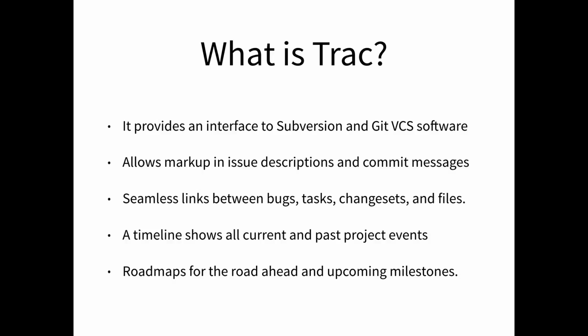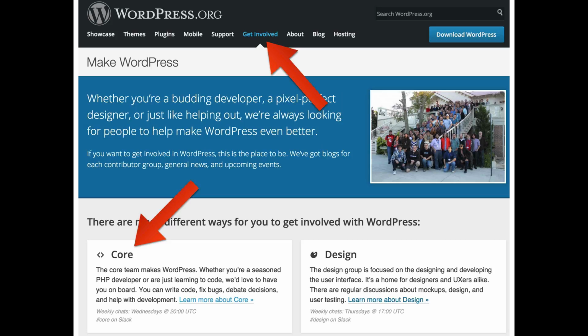So, to get to the place where you file bug reports, create tickets, create issues that you find in WordPress, on all of the WordPress pages, plugins or whatever, up the top you've got Get Involved.